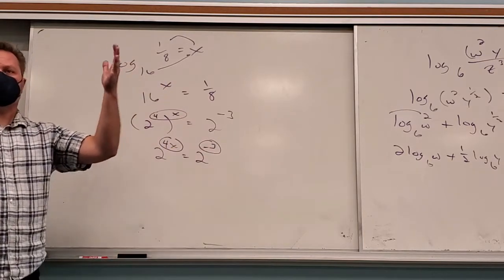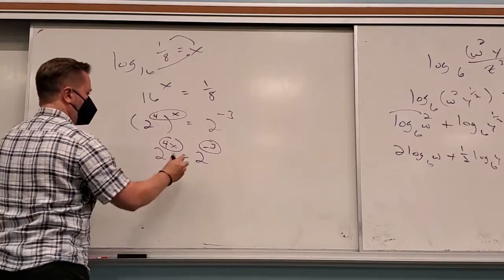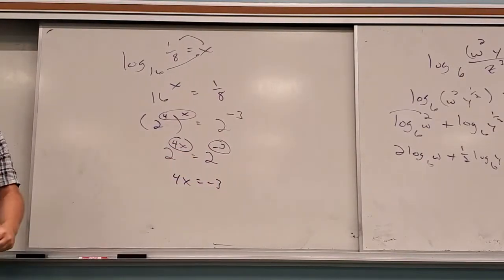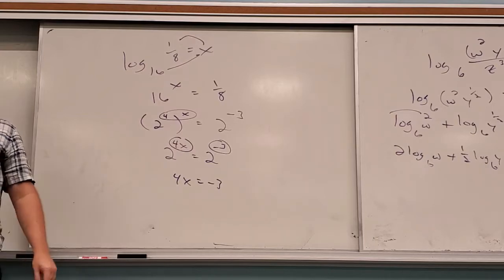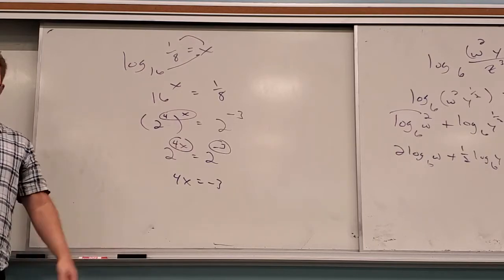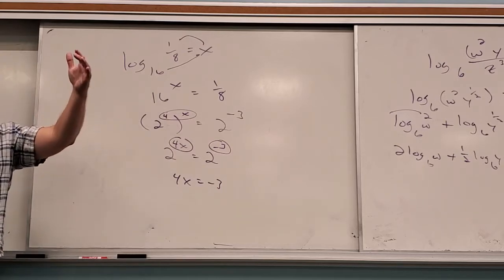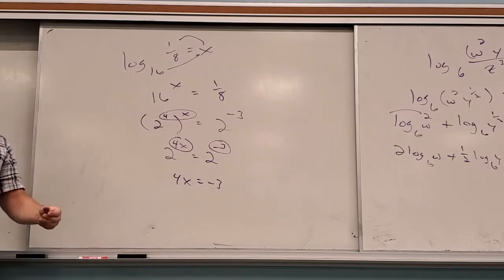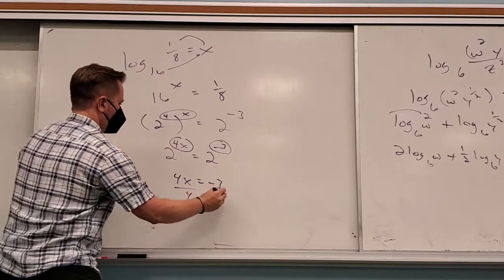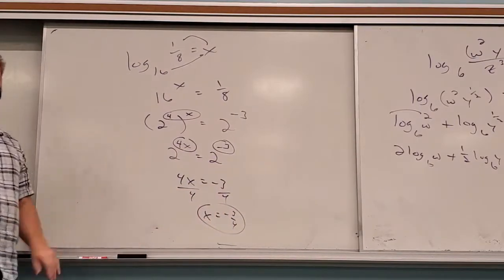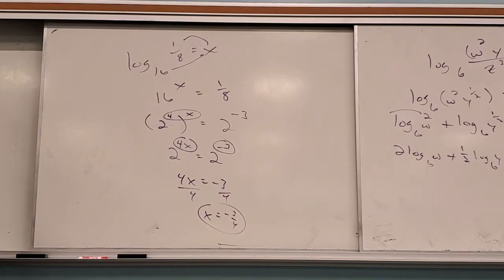In order for that to be true, these have to be the same. If I said 2 to the 7 equals 2 to the x, well, then x is 7, because anything else I put there is not going to be the same as 2 to the 7th. They have to be equal to each other. And then I just solve for x. Bam! -3/4.